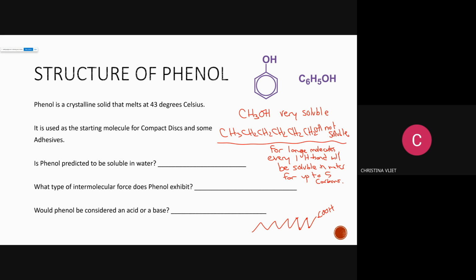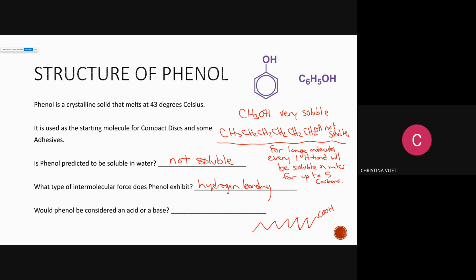The reason I'm bringing this up is because phenol is actually not predicted to be soluble. Why? Because it's got 6 carbons. Benzene is 6 carbons. What type of intermolecular force does it exhibit? It is hydrogen bonding, right? And is it acid or base? Now, this is fun. It's not what you think.